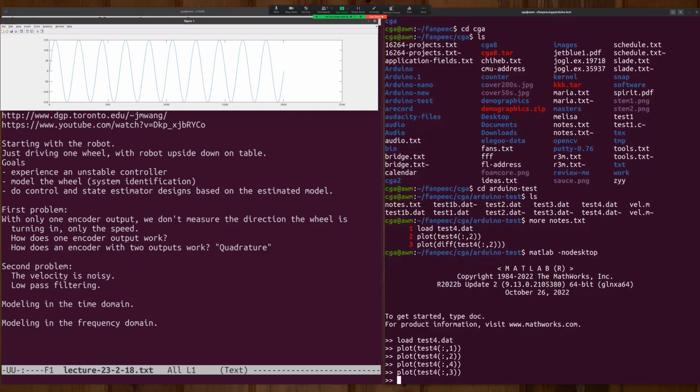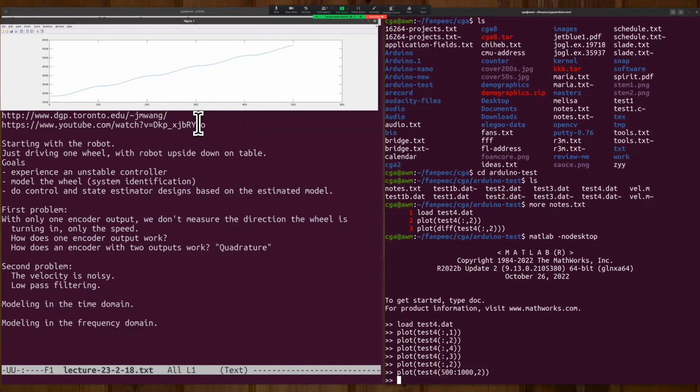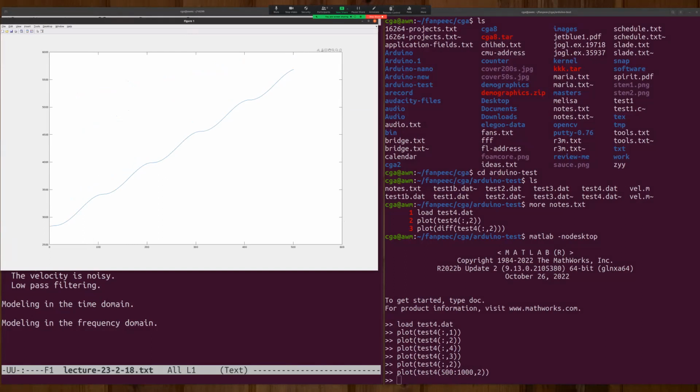Now, because with the encoder all I do is get counts, it doesn't know what direction it's going in. Let me zoom into this. So you can see, yeah, that's the up of the sinusoid. This would be the down of the sinusoid, but because we're only seeing pulses from the encoder, it's always going up.